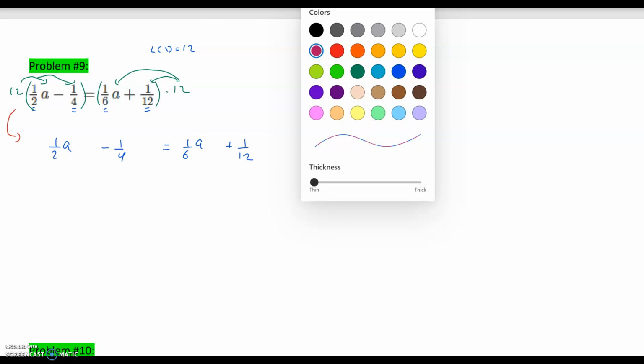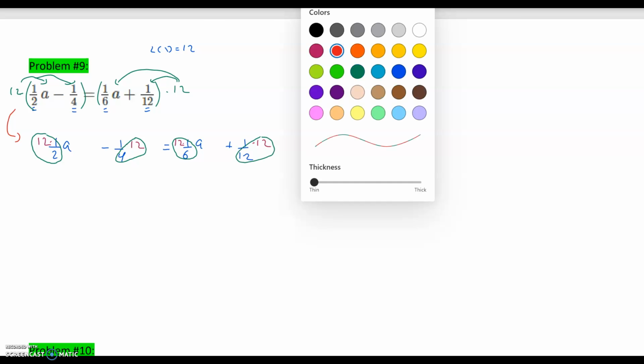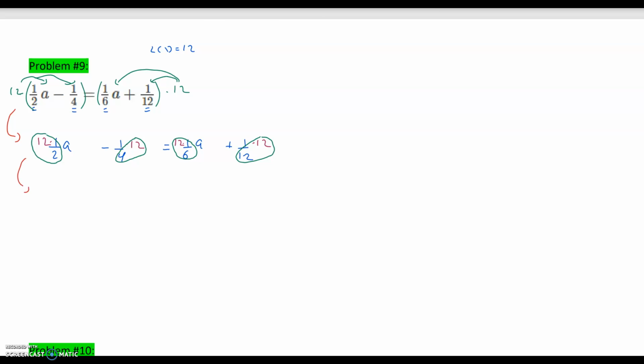Technically what happens in the background is that every one of these values gets multiplied by 12. And since 12 is the lowest common denominator, it's going to divide each of the fractions into an integer, so your fractions get canceled on the first step.